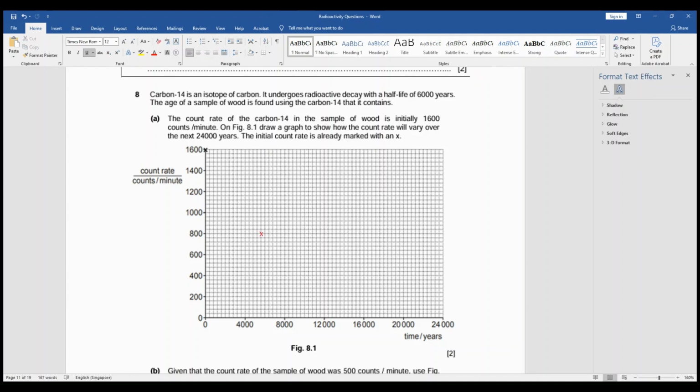Then we must continue. At 800, we divide by 2 again, 400. 400 will give me another 6,000 years, so 12,000. At 200, we will add another 6,000, so it's 18,000.